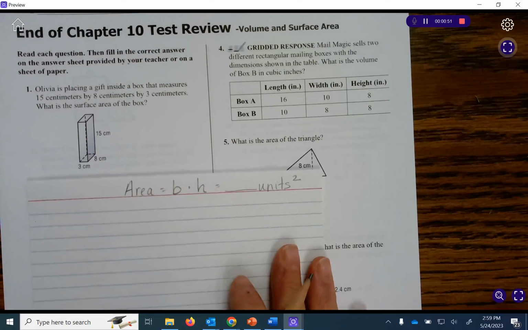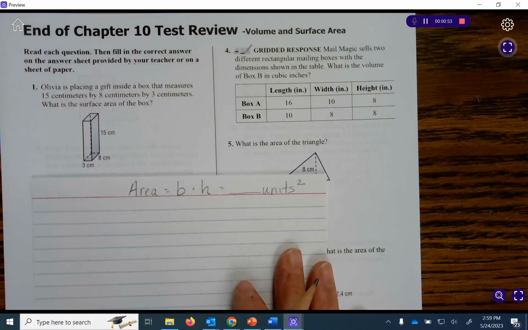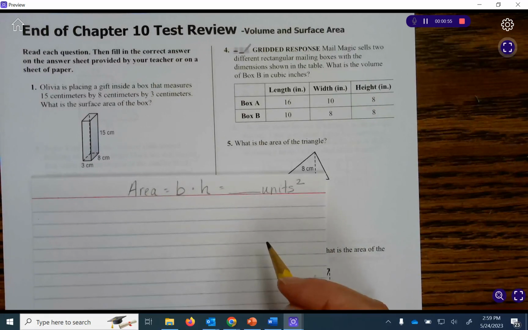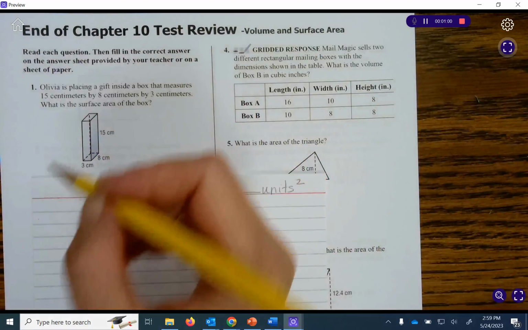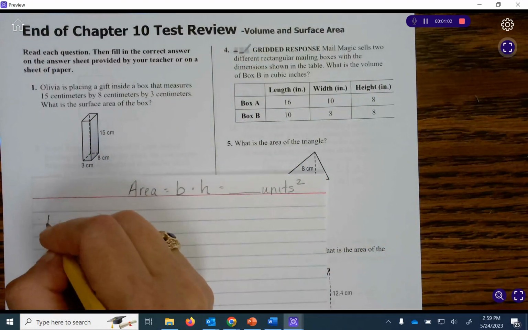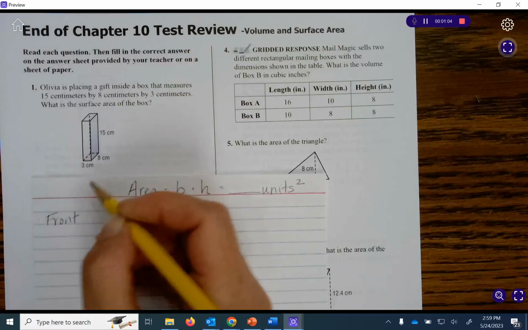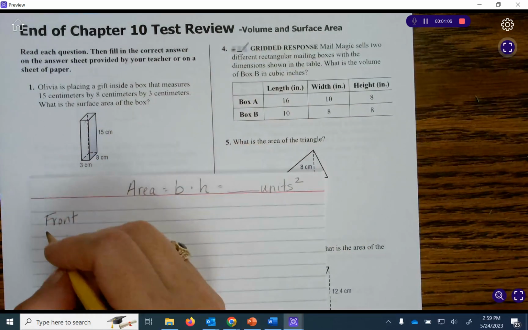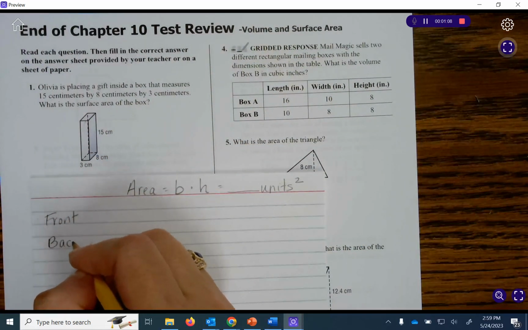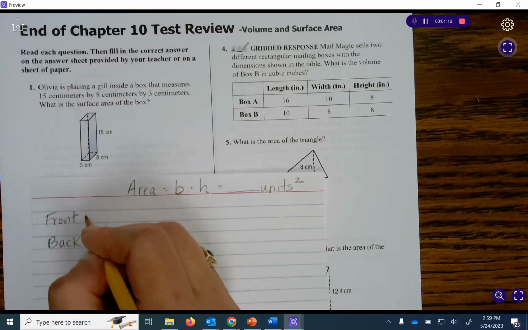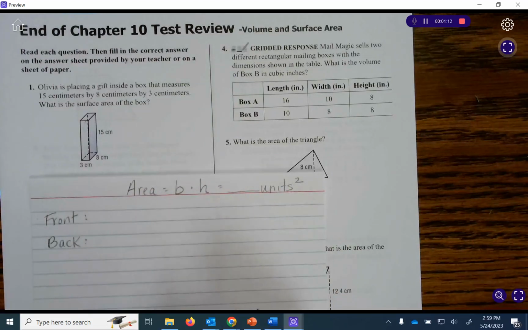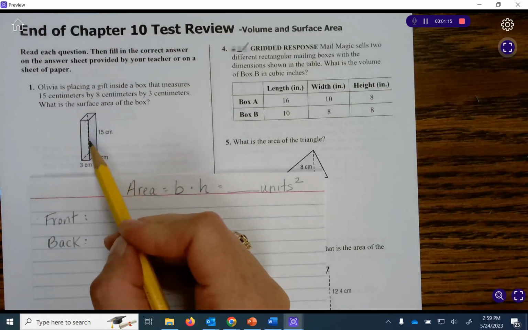When we take a look at our rectangular prism, we see that it has 6 faces. And they are, we have the front, right here, and then the back, and they are congruent. That means that they are the same size and the same shape. Then we have a left side and a right side.